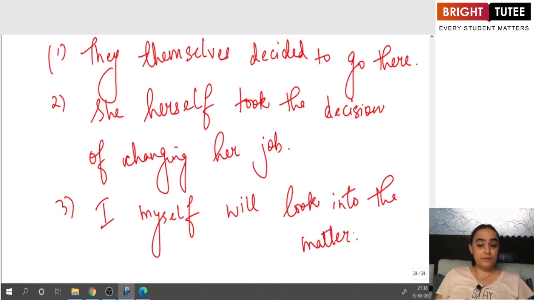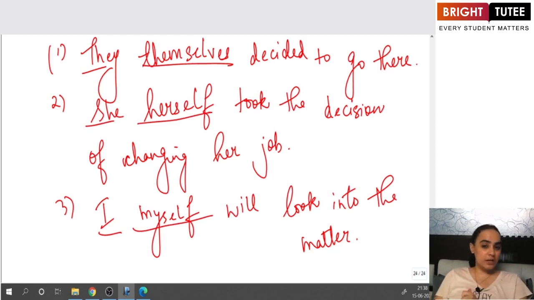Now, what is the difference that you notice in case of reflexive pronouns and these sentences? They has themselves, she has herself, I has myself. But what about the positioning of these pronouns? In case of a reflexive pronoun, my reflexive pronoun was used after the verb. It was the object of the verb.